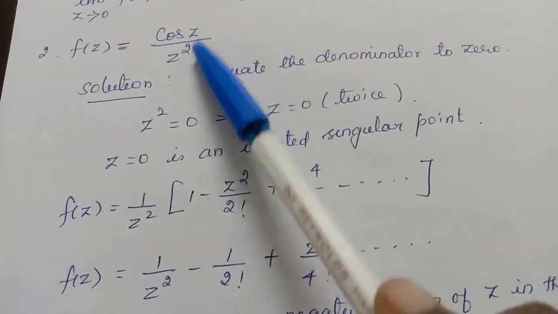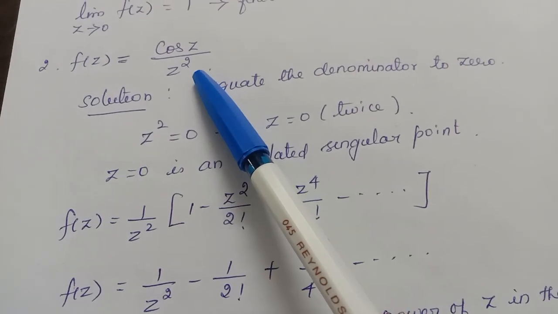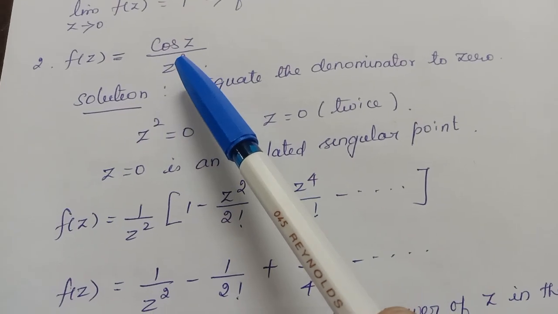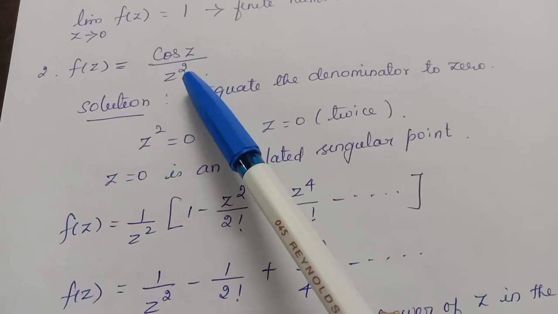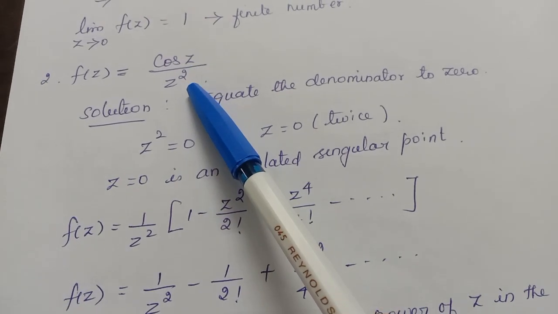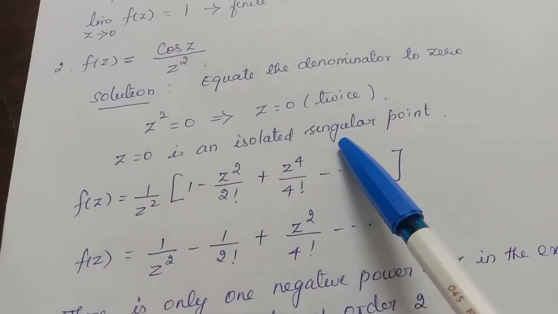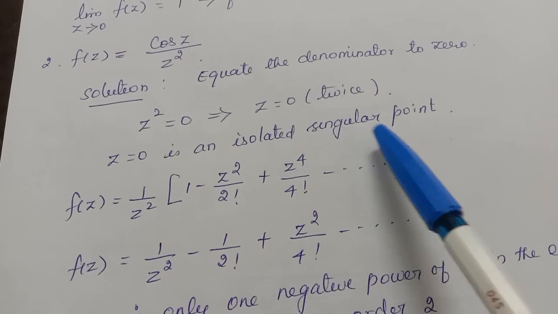Individually they are differentiable functions. But you have a quotient of these two functions here. When the denominator is 0, the function is not defined, not differentiable, and hence not analytic. Therefore 0 is the only singular point, and this will become an isolated singularity.